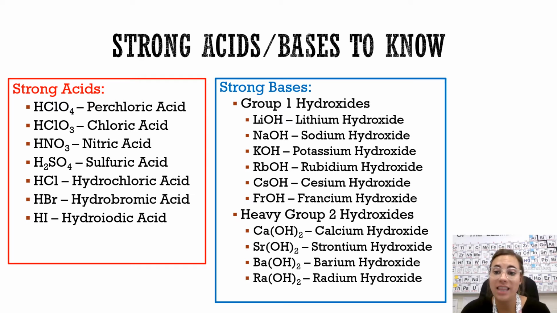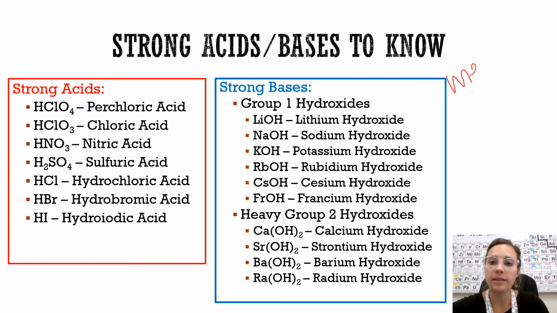You'll notice that the other main halogen that's missing there is HF. And if you remember from our POGL, we learned that HF is actually a weak acid due to its super short bond length, okay? So you need to memorize these.